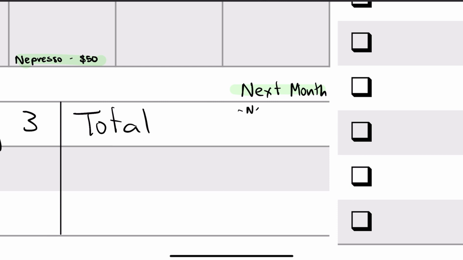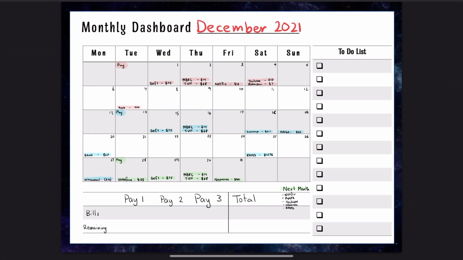So it will be Netflix, Apple, YouTube, and Amazon. And then, like I said, I am splitting up my mortgage payments, so the first one of those will be happening during that week. I'm not 100% sure exactly the cost of that, but I think that one comes out on the 8th, which is kind of annoying, but that's that.